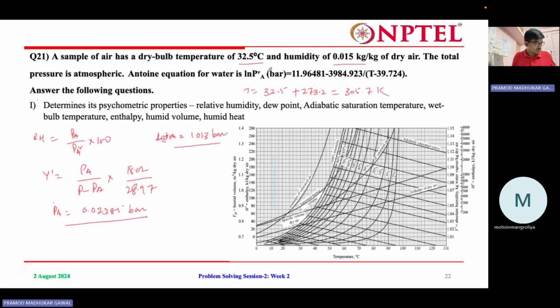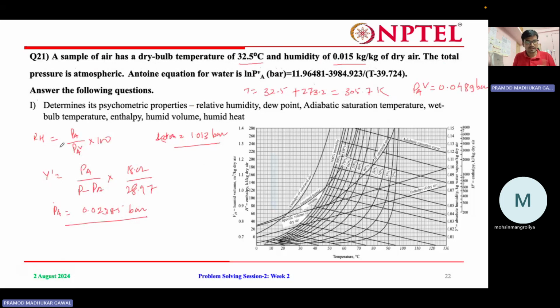I calculated it already: PA equal to 0.0489 bar, right? So we got the partial pressure and the vapor pressure value.